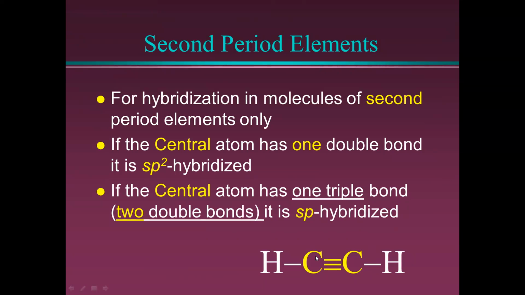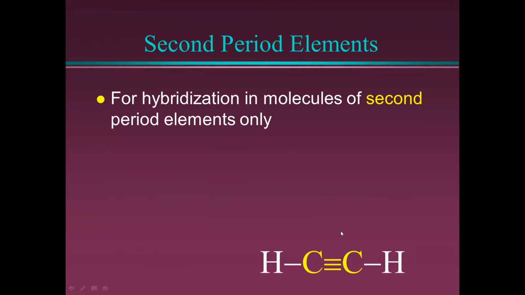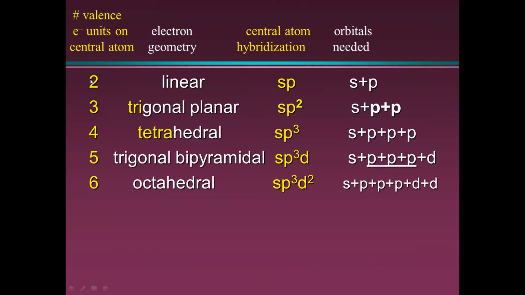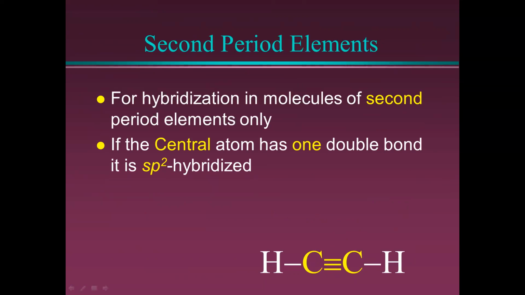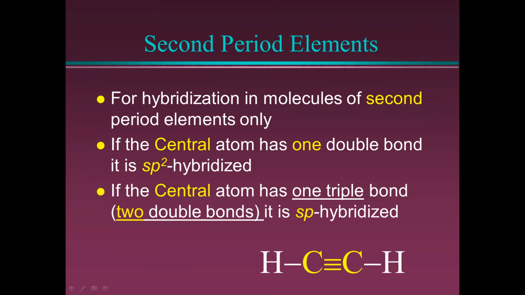Because in that case, if we have a triple bond here, you have 2 electron units, 1 and this is 1 unit, 2 units, and it's linear. If we have 2 units, it's linear, it's sp. So it's sp type of hybridization.